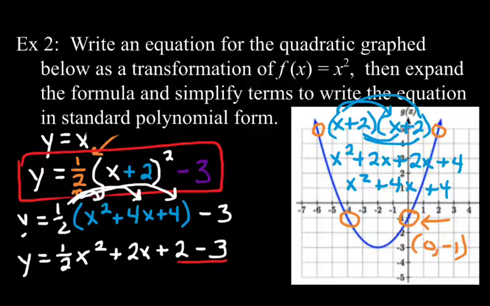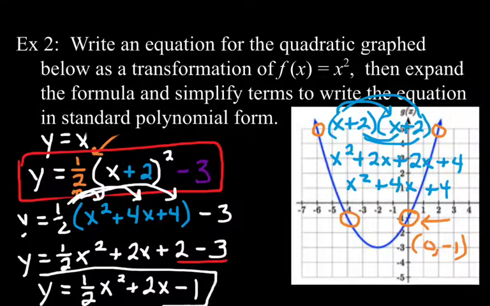So our answer in standard form would be y equals 1/2 x squared plus 2x minus 1. So that is the standard form. And then you can see above you've got the transformation form. So two different equations actually describing that same curve.